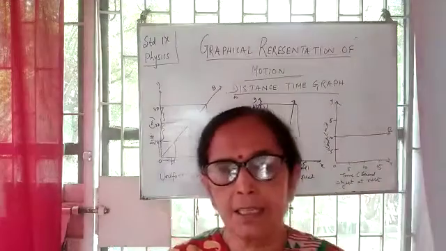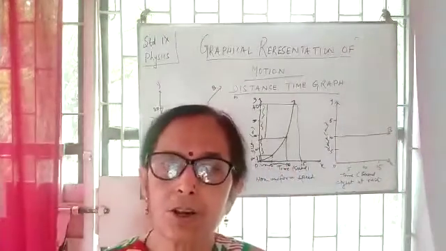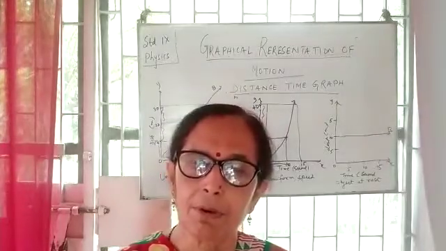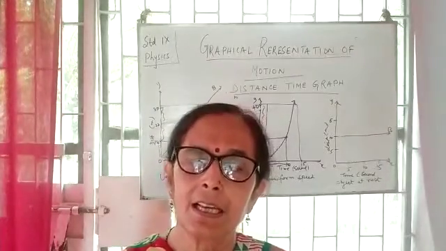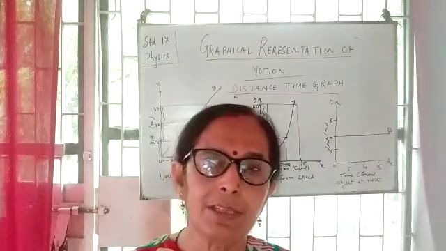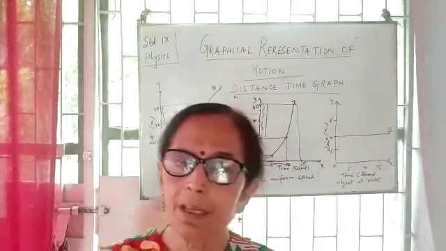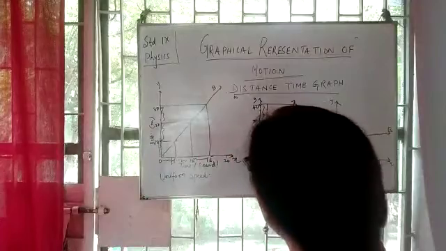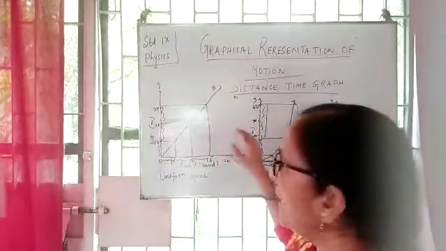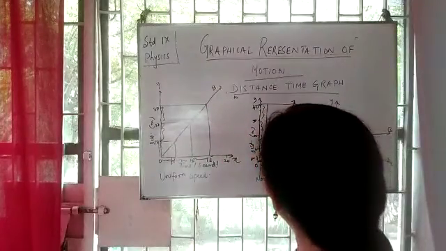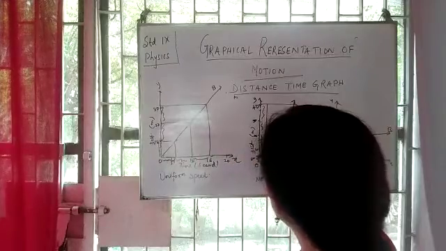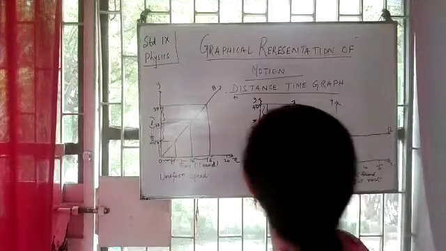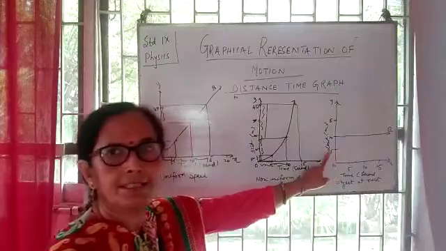It means here the distance travelled is not directly proportional to time. Or in other words, we can say that object is not covering equal distance in equal interval of time. So this is the case of non-uniform motion, and the slope of the graph here is a curved line.